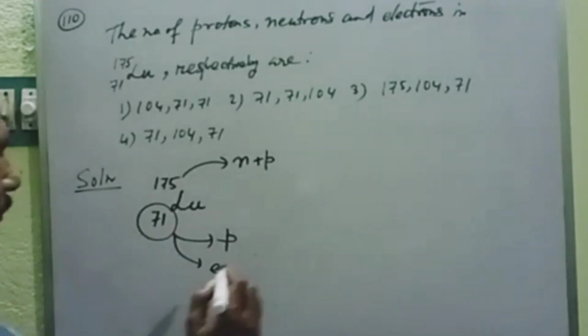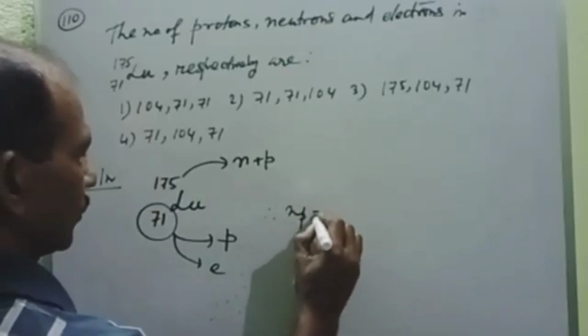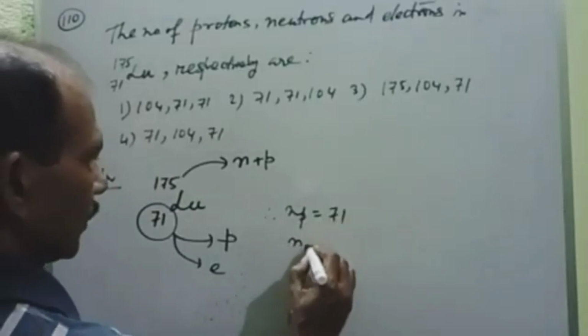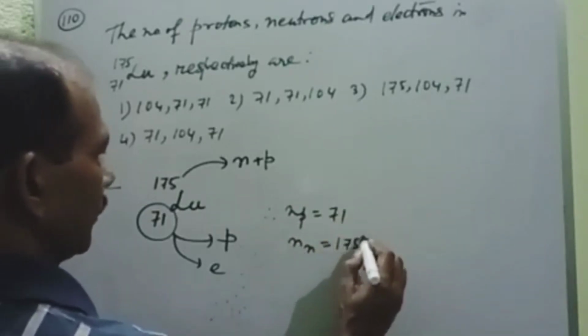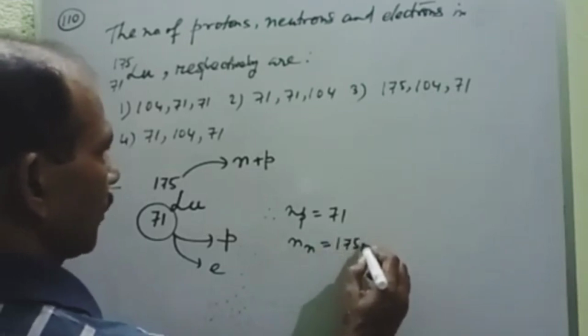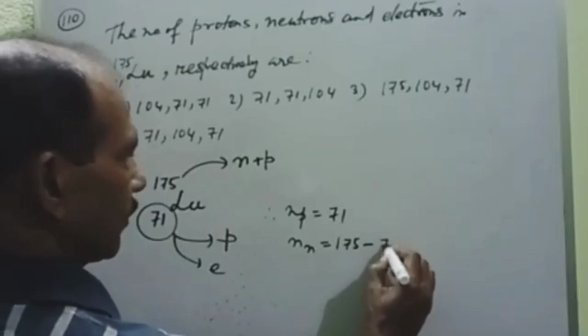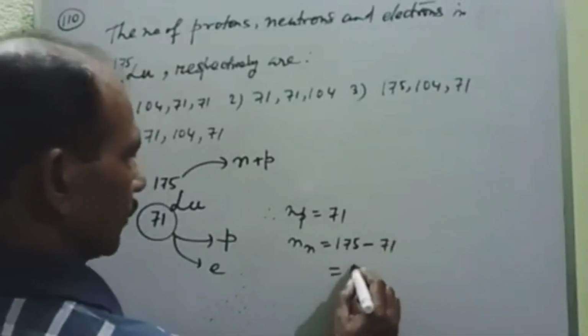Now, therefore, number of proton equals 71, number of neutron equals 175, that is number of neutron plus proton minus number of proton, that means 175 minus 71 equals 104.